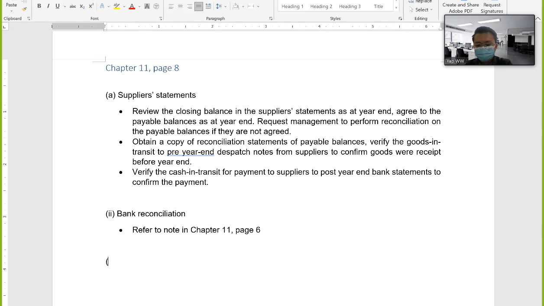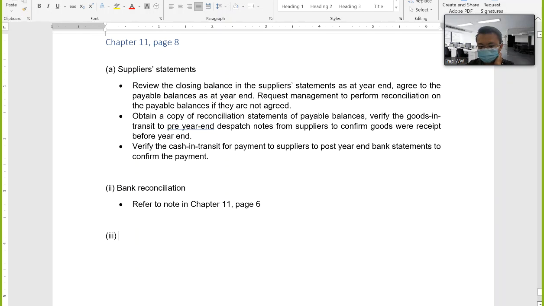You need 4 answers from there. So long as you put down the answer relevant to bank reconciliation, don't use bank confirmation. Bank reconciliation got 5 or 6 procedures over there, so you choose which one that you prefer to write. So I'm not going to discuss the answer for part 2. Very general procedures for auditing the bank reconciliation.